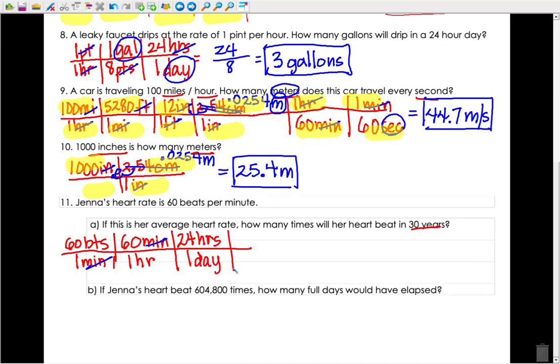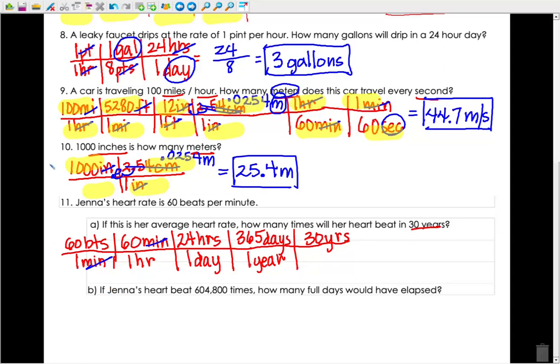Let's proceed with this because we know that there are 365 days in 1 year. And we want to get down to 30 years. So I'm going to put 30 years here.